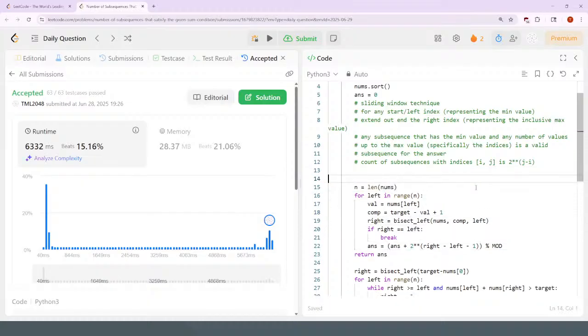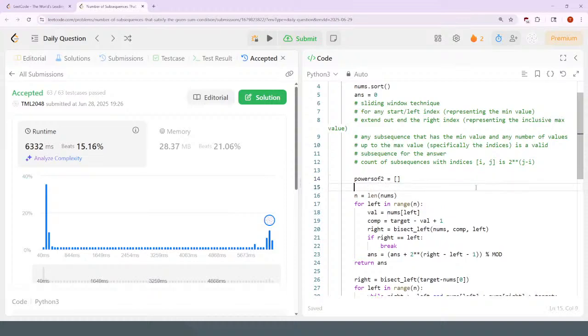If I say powers of 2 is an array, and how big do I need this array to be? There's some maximal size to the array.